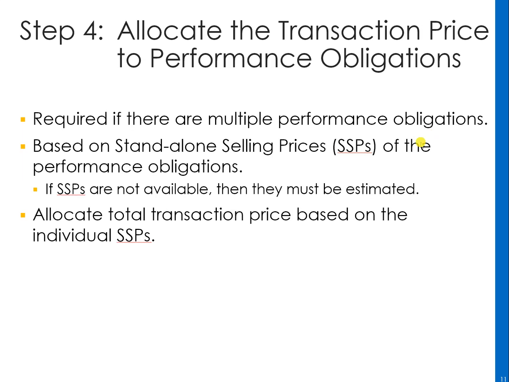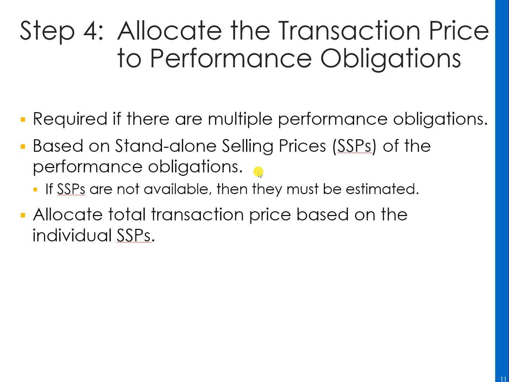In case there are multiple performance obligations in one contract, then we are required to allocate the transaction price to those performance obligations in the contract. And we usually adopt the standalone selling price to allocate.